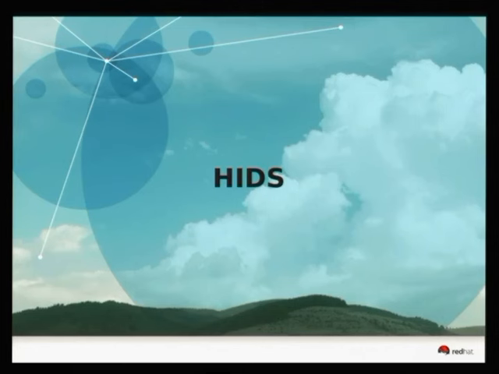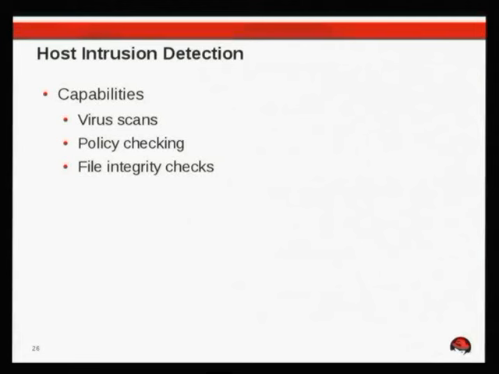How about host intrusion detection systems? So what is a host intrusion detection system? It looks for hackers attacking on the system itself, not the network, but on your system. So it's looking for maybe somebody's planted a virus, maybe somebody's planted a backdoor by modifying or tampering a binary, maybe somebody changed a configuration file.